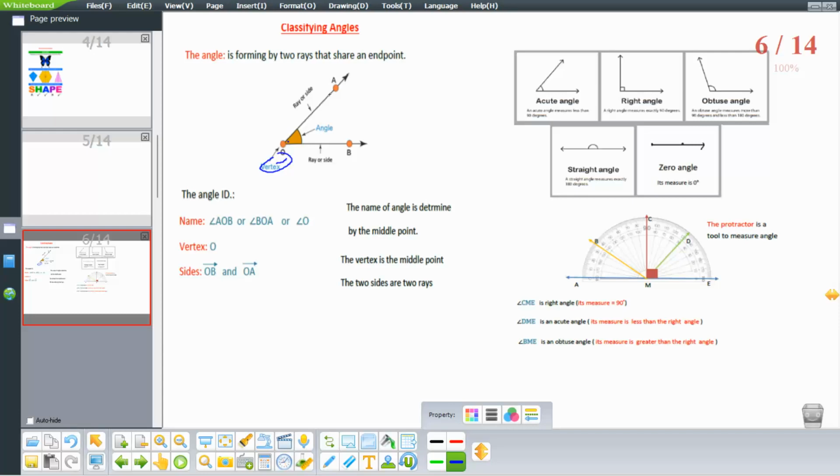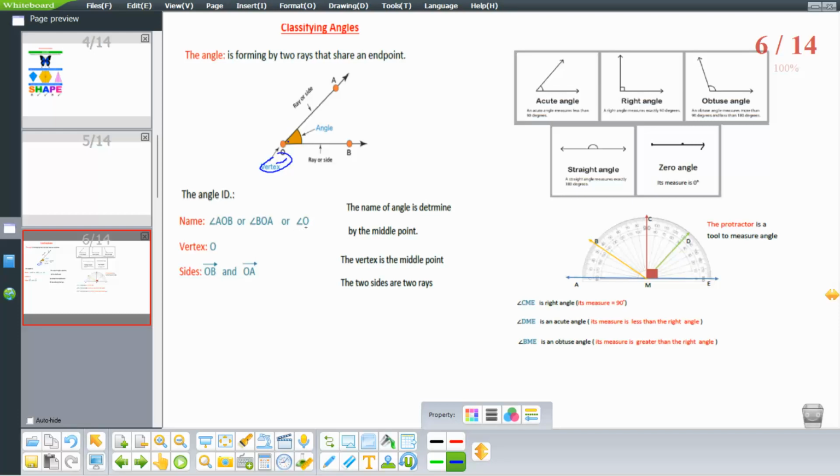AOB, or BOA, or angle O. If I want to read the name of any angle, AOB, BOA, or O, the vertex must be in the middle.